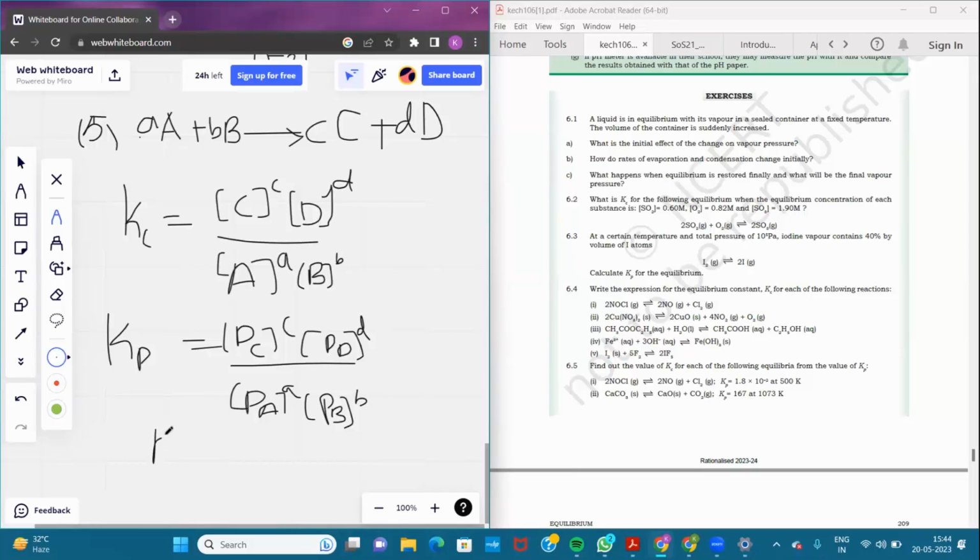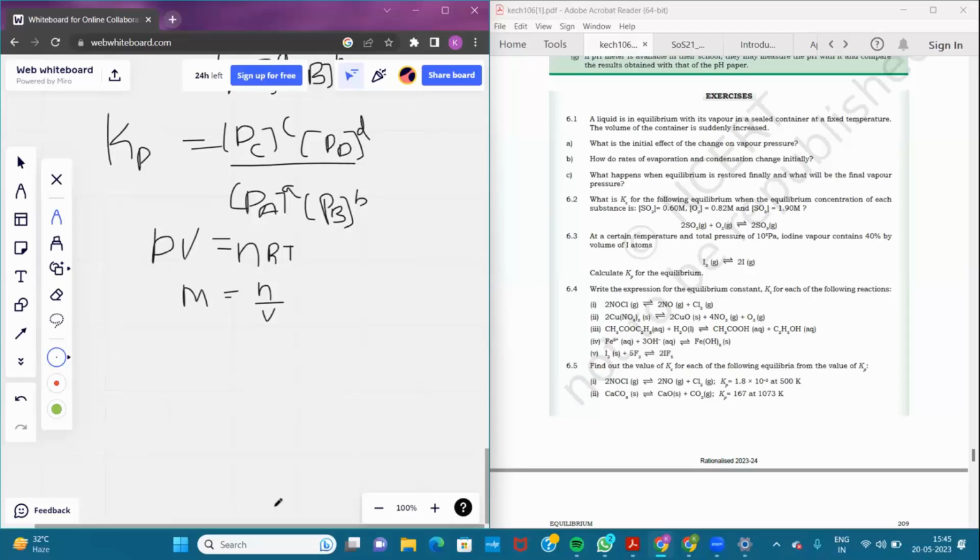Now, by using the ideal gas equation, PV equals nRT, we know that molar concentration, molarity, is the number of moles of a substance by volume. So this would be the molar concentration.